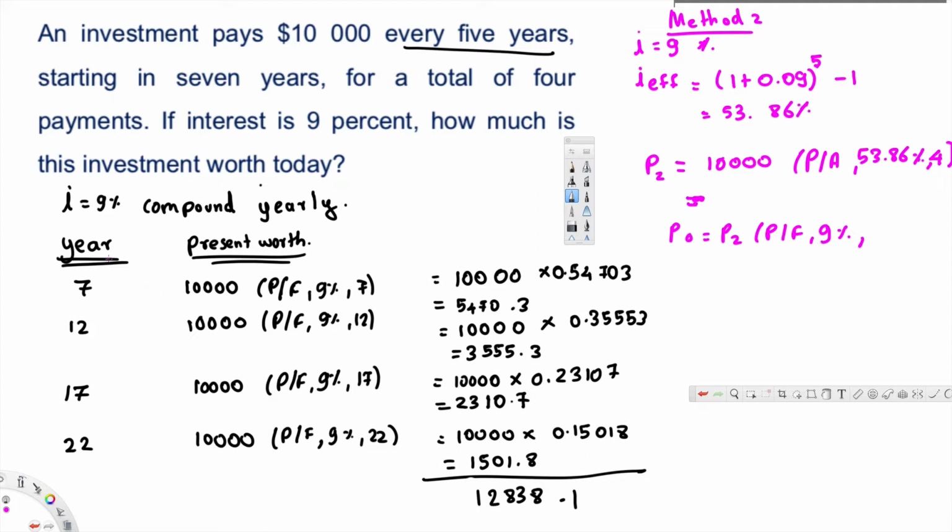Let me double check: this is 7, 4 payments compounded every 5 years, and here it's 2.